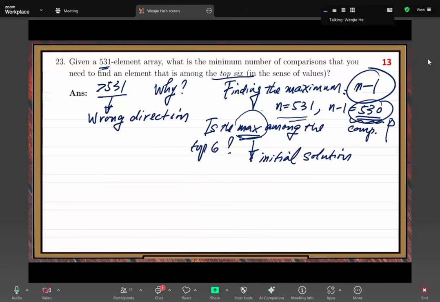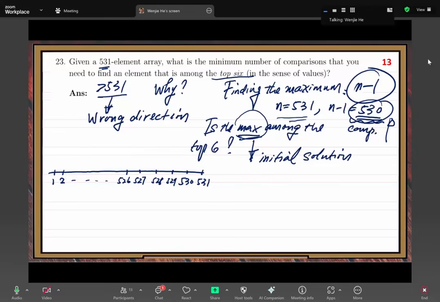All right, so let's do this. Here, I draw a diagram. All the elements, if we count from 1 to 530, 531, the last 6 are 29, 28, 27, 26.